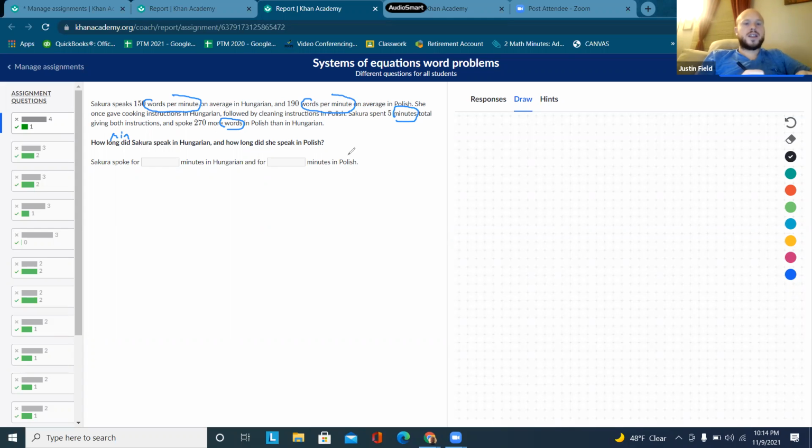So this bold tells us what our variables represent. I'm going to type it since my writing stinks. Okay, so what do our variables represent? H is going to be how long, minutes spoken in Hungarian.